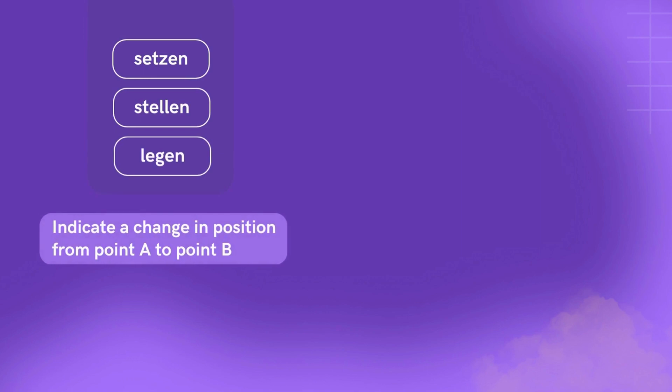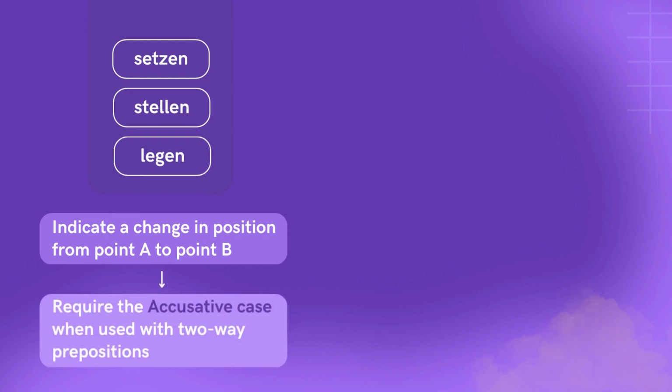Please note that with the verbs setzen, stellen, and legen, there is a change in position from point A to point B, indicating a transition from the hand to the floor. As a result, the verbs setzen, stellen, and legen require the accusative case when used with two-way prepositions.